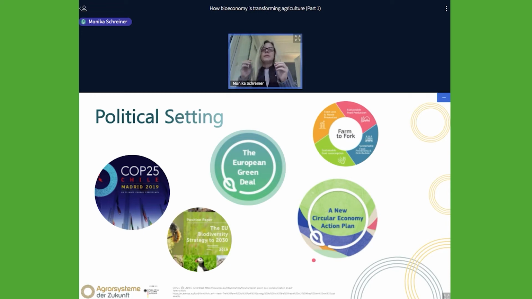And with that, the EU clearly demonstrates that it wants to take a leading role in a greener and healthier agriculture. And that is where our initiative, Agricultural Systems of the Future, comes into play. Here, we would like to work on how we have to shape agriculture for tomorrow, for the future, and how we could do agriculture more sustainable.